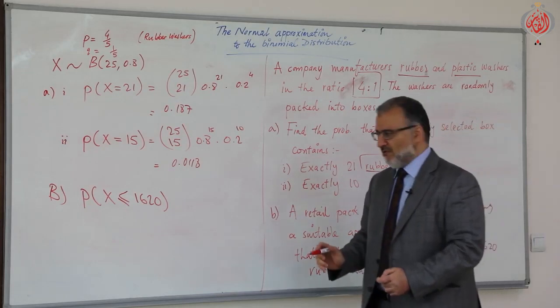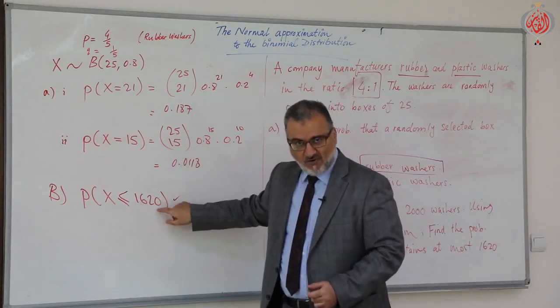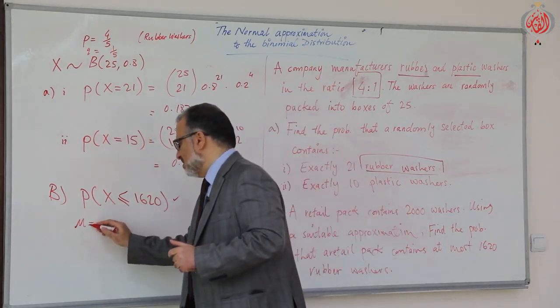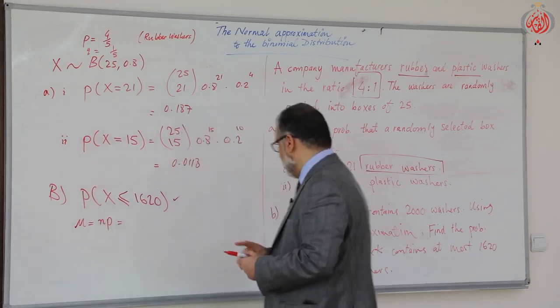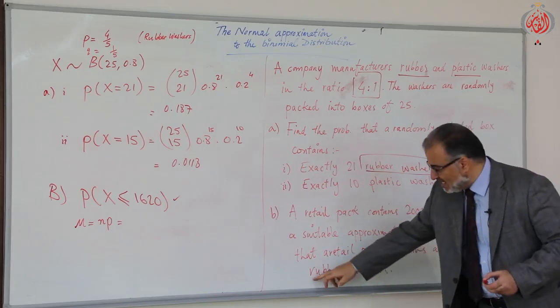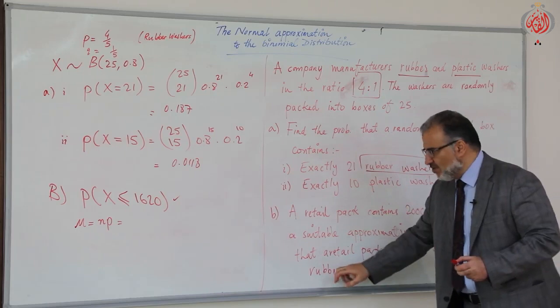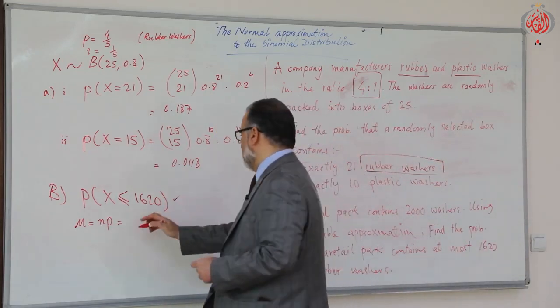To find that normal approximation, I have to make a correction for that value, and we have to find mu. What is mu? It is n times p, and don't forget, p is the probability of rubber washers, the success, attached to what is mentioned here. So what is n?